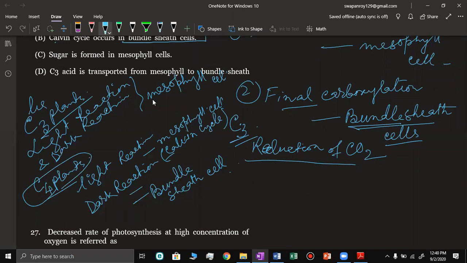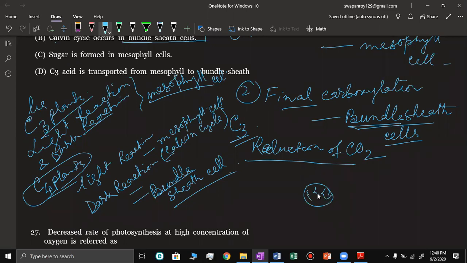That is, the light reaction is in the mesophyll cells' chloroplast. Then this bundle sheath cell. I think you remember that in the leaf there is a vascular bundle.